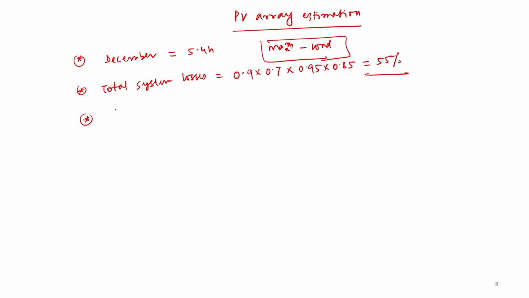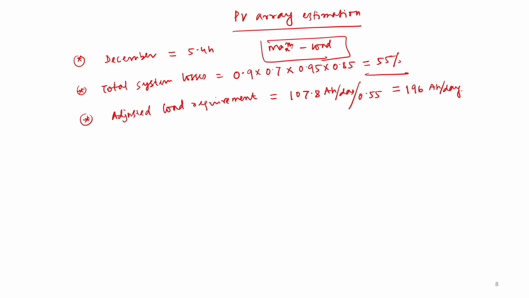And what will be the adjusted load requirement? It is 107.8 ampere hour per day divided by 0.55. So, it will be about 196 ampere hour per day.